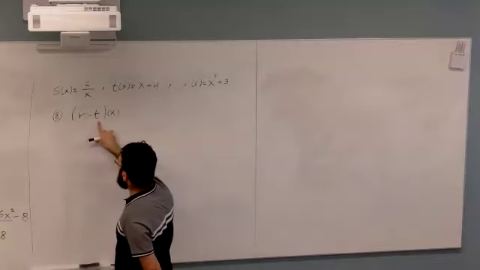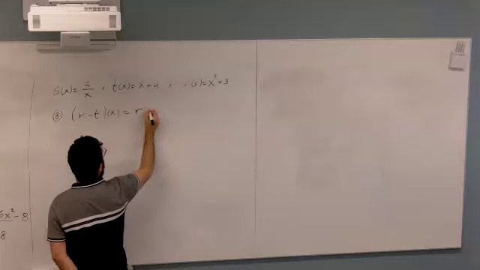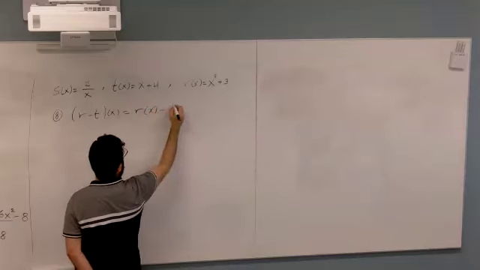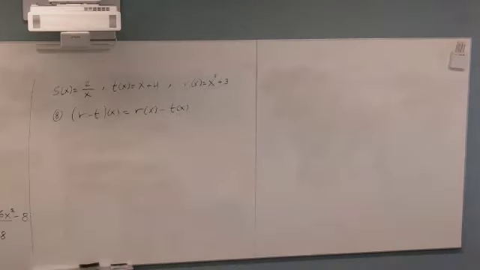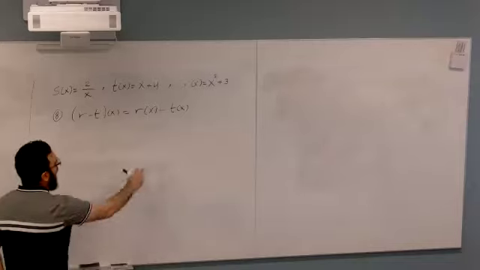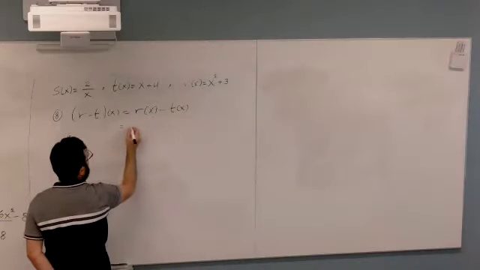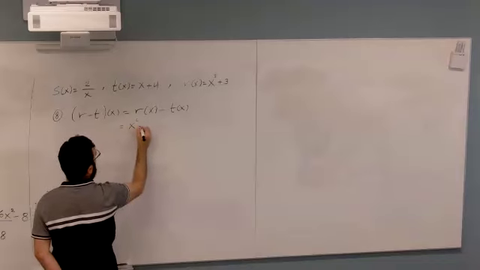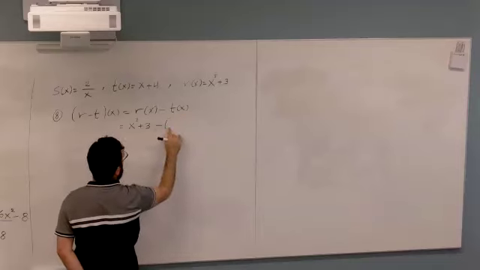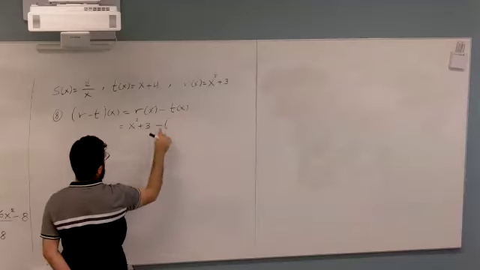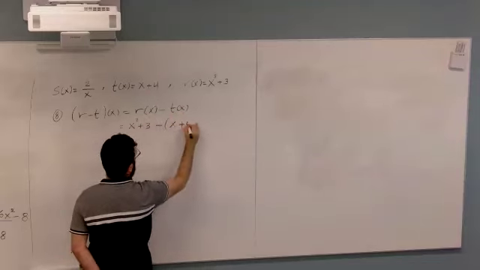So r minus t, if you follow the rules, is going to be r of x minus t of x. So r of x is x squared plus 3, minus t of x. Don't forget the sign, parentheses. t of x is x plus 4.